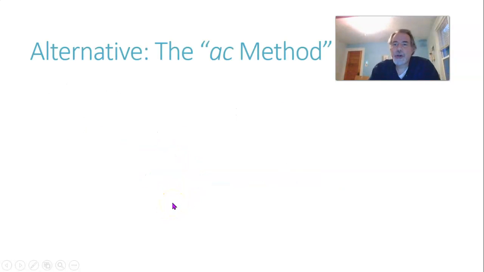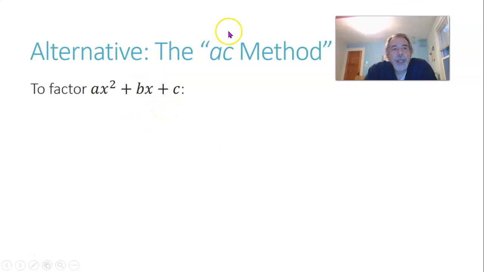There is an alternative method that some people like to use to do this kind of factoring. Some books at least call it the AC method. And the way it works is this: to factor a trinomial of the form ax squared plus bx plus c, first find AC, that is, multiply together the coefficient on the x squared times the constant term.